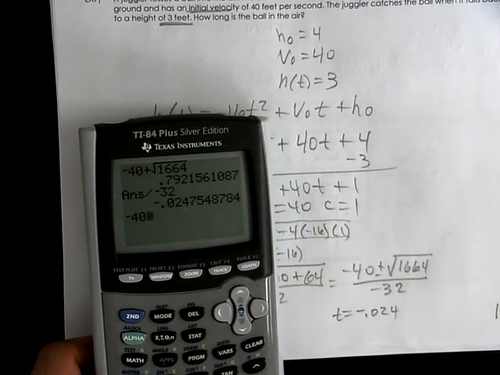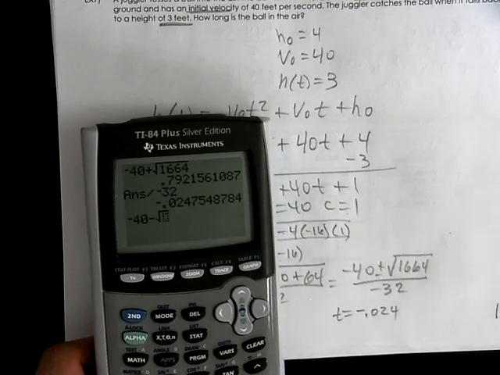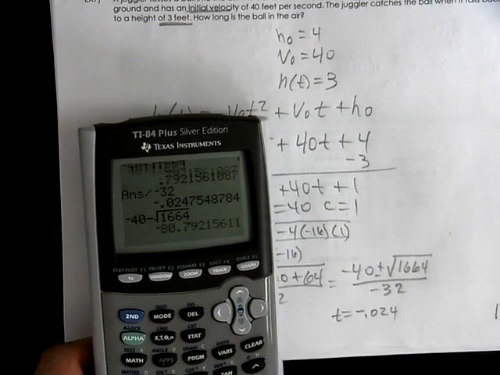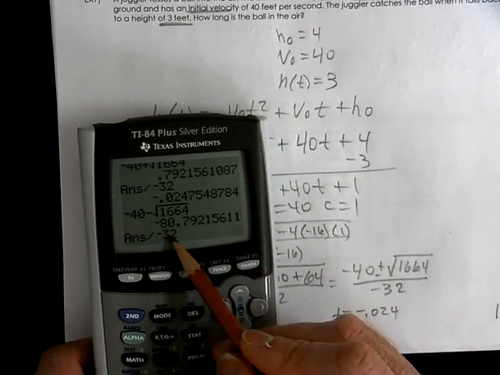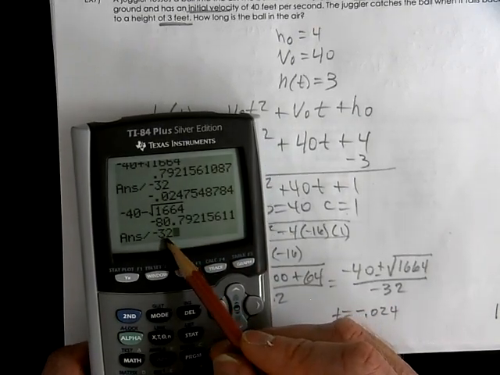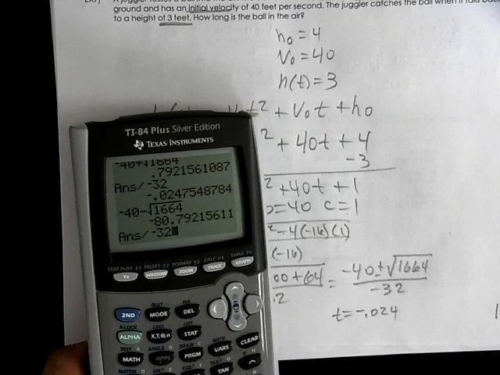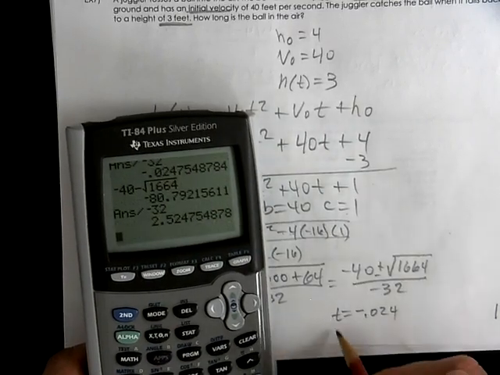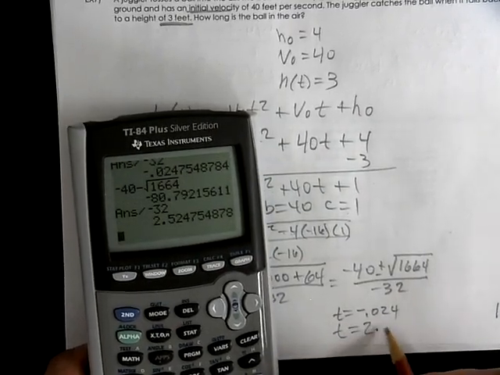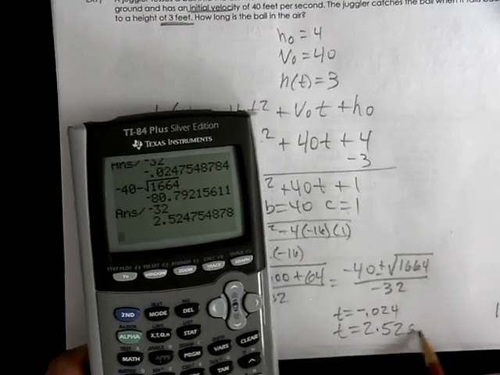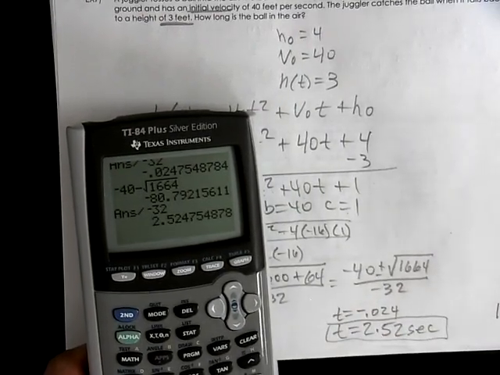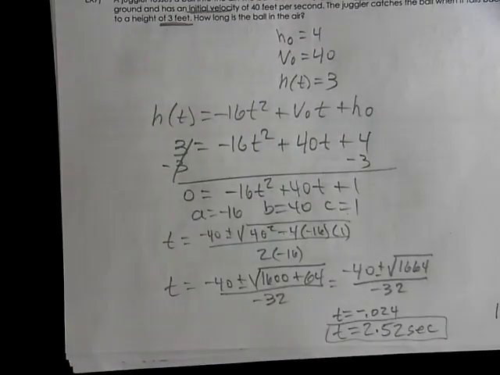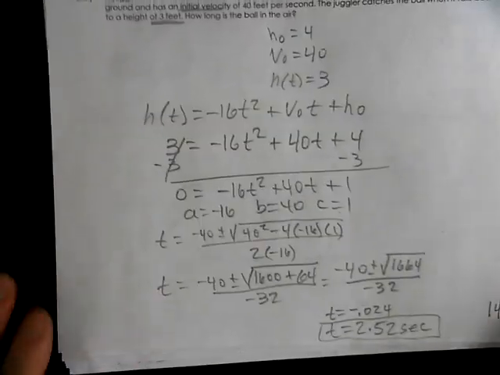Negative 40 minus the square root of 1664, divided by negative 32. That makes sense. It gives 2.52 seconds. There's my best answer. Good job.